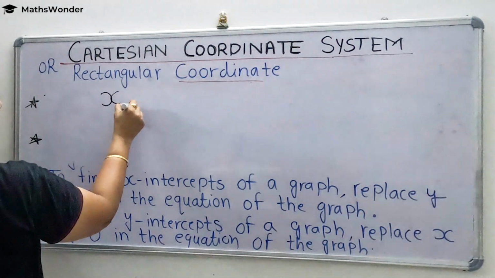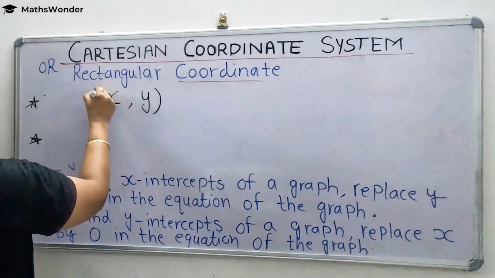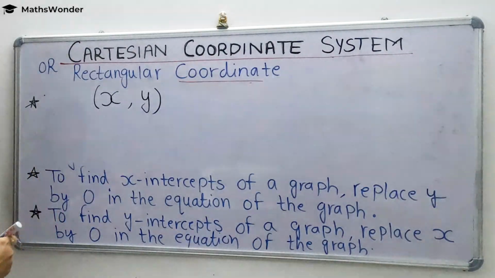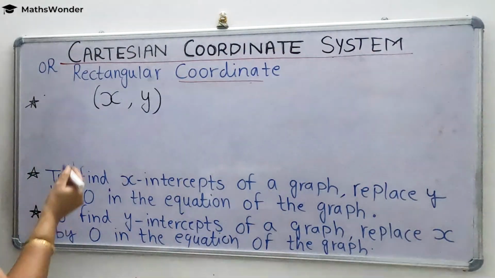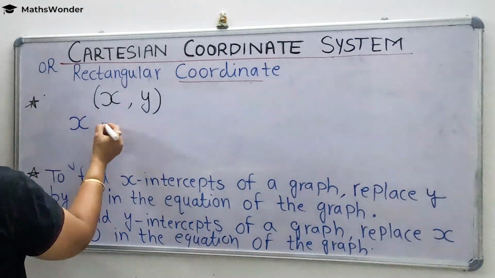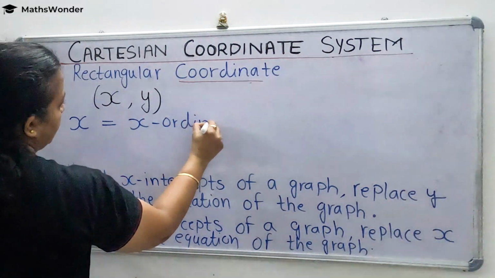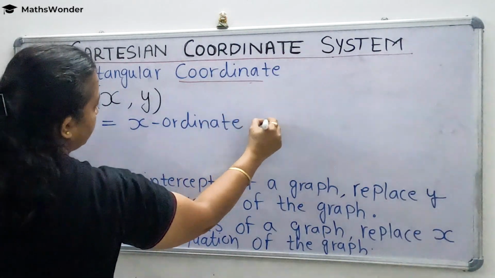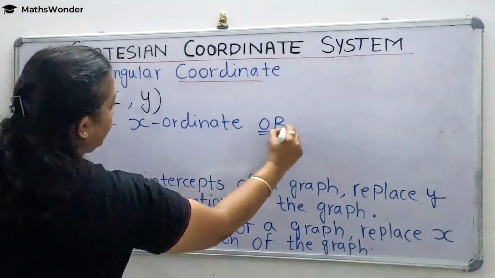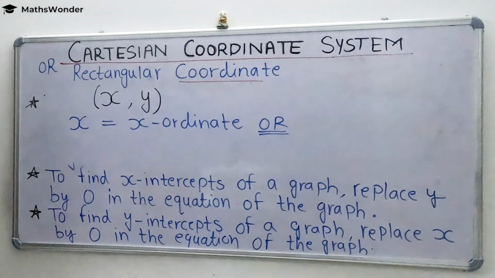So x comma y. In this, as you know, what is x? What do you call x? X is the x ordinate, or the other name of x ordinate is abscissa. What is the name of x? Abscissa.